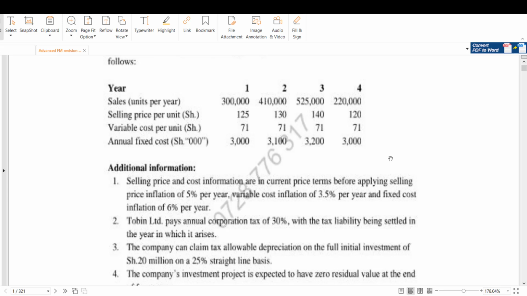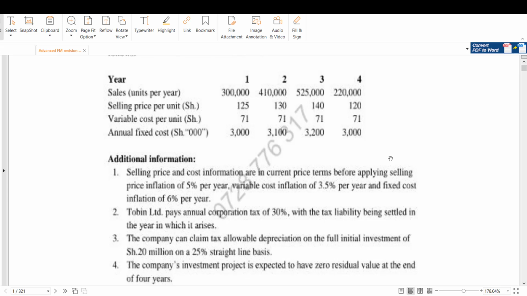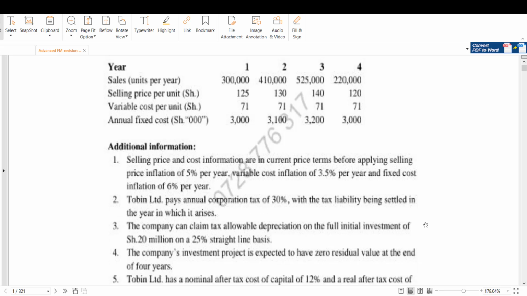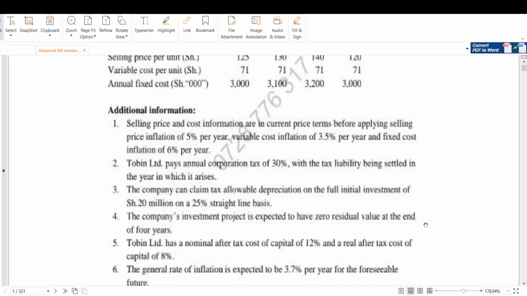Tobin Limited pays annual corporation tax of 30%, with the tax liability being settled in the year in which it arises. That's okay. The company can claim tax allowable depreciation on the full initial investment of 20 million on a 25% straight line basis. That's okay. The investment project is expected to have 0 residual value at the end of the 4 years.